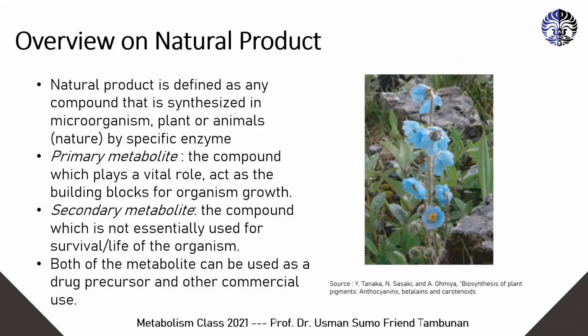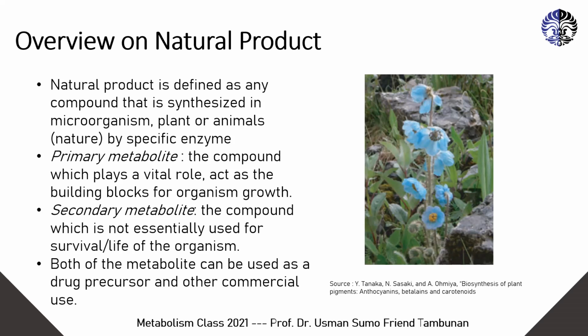Natural product is defined as any compound that is synthesized in microorganisms, plants or animals by specific enzymes. There are two forms of natural product. First is primary metabolite, the compound which plays a vital role as building blocks for the growth of organisms.